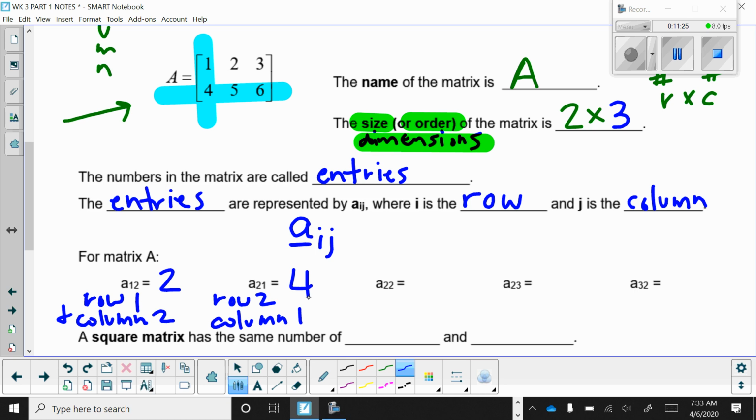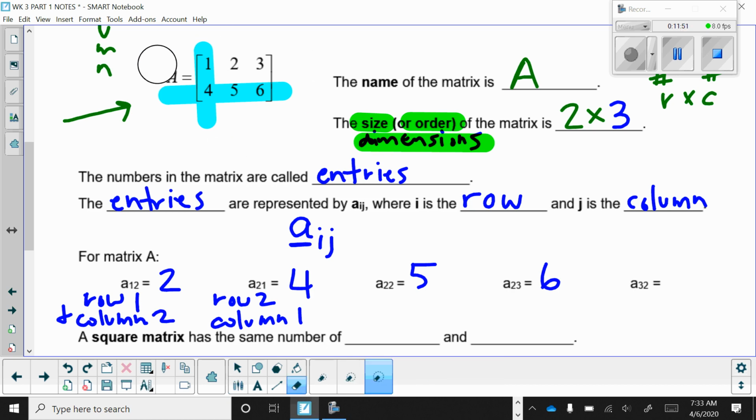So you pause the video and try the remaining 3 questions, the A22, A23, and A32. Pause it now and try that on your own. Okay, hopefully you got 5 here, 6 for A23, and I hope you had a little bit of trouble on this last one.